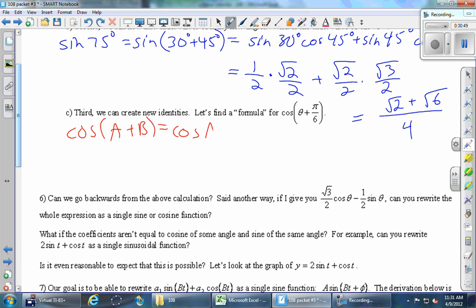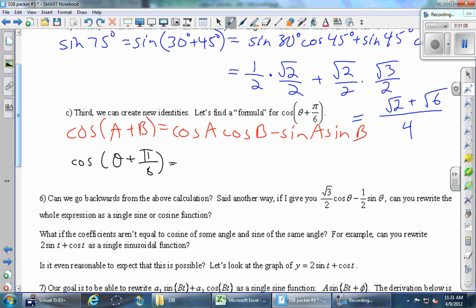Okay, so I'm just copying the formula that's on the page. And then we're going to plug stuff in. So instead of A, what are we putting? We're putting theta. Instead of B, putting pi over 6.